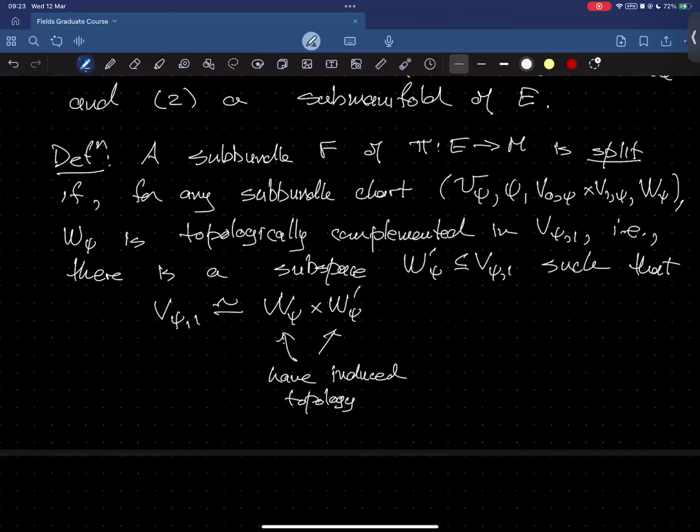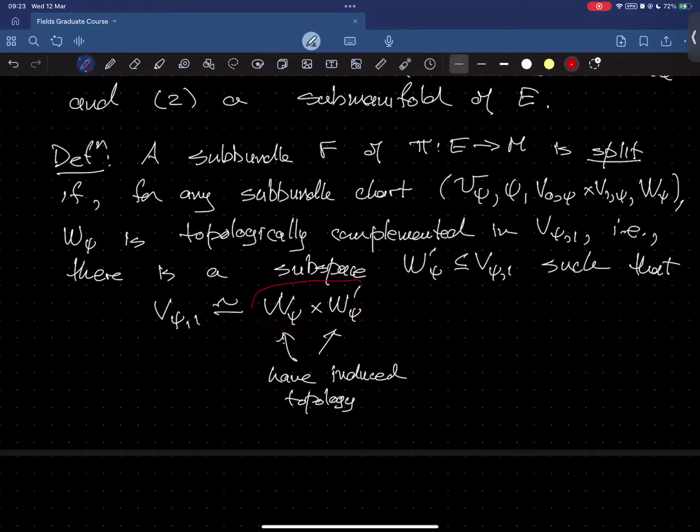If you have a subset of a topological space, unless you say otherwise, it'll have the induced topology. And so therefore each of these are locally convex spaces.